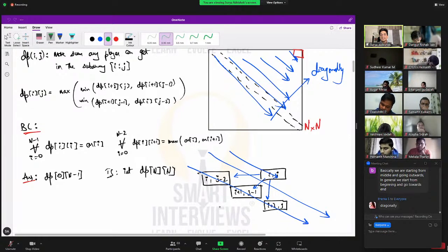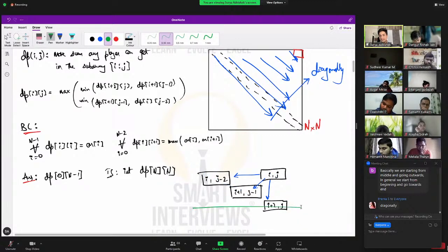Of course, there are other ways to fill it. You can fill it right to left, coming bottom up. You can fill it right to left, coming from bottom to top.